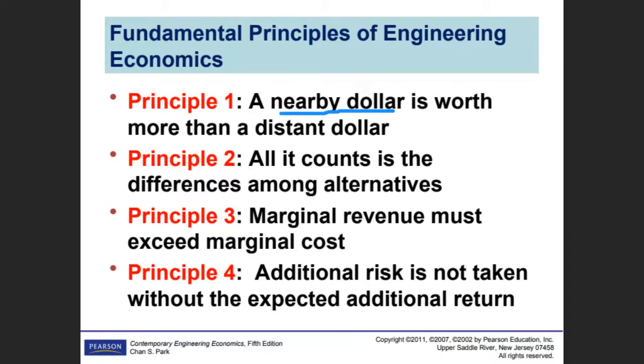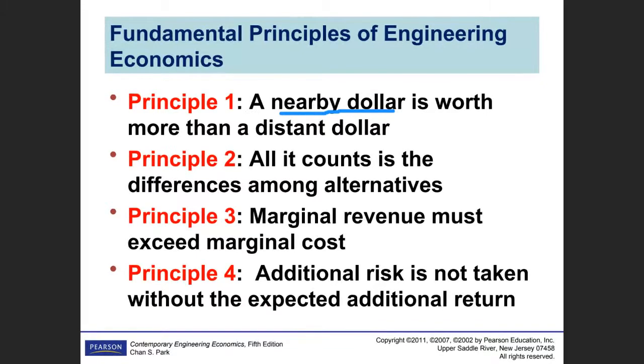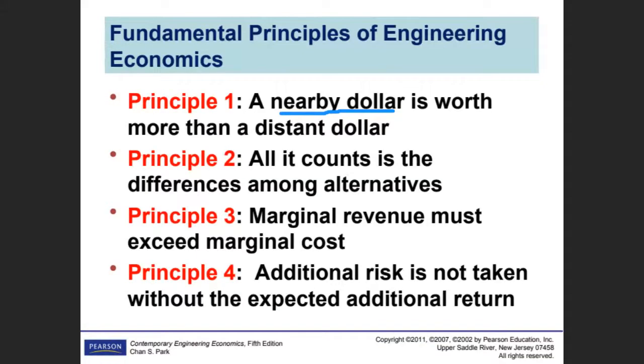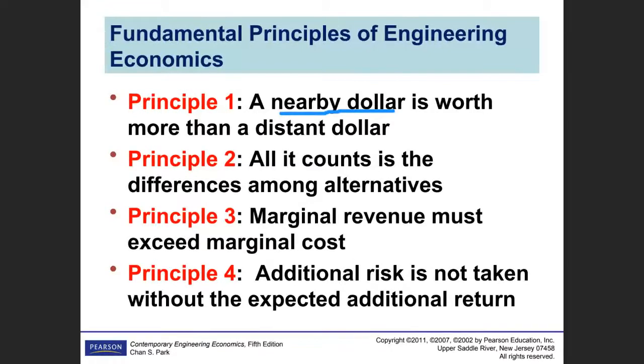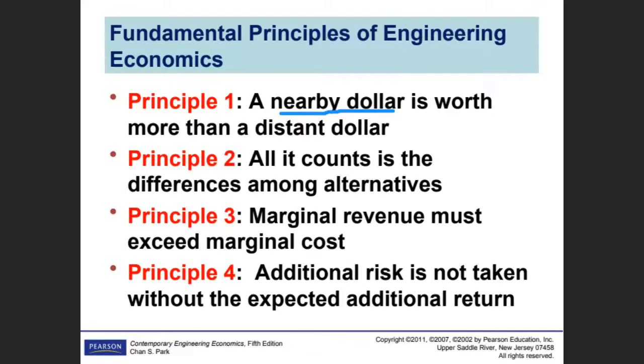Why do we call it this? For example, how much money you receive today is different than how much you will receive in the future. That is the reason, in our daily life, right? Let's say when you are purchasing a car, the cash price is different than the installment price. Is it correct?